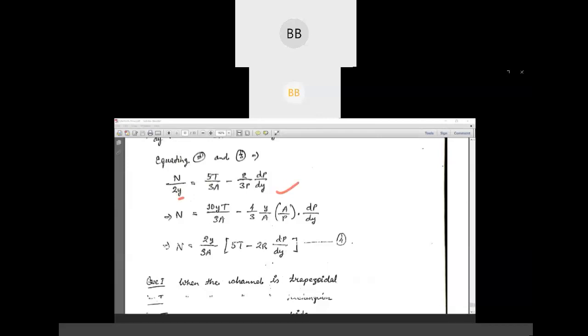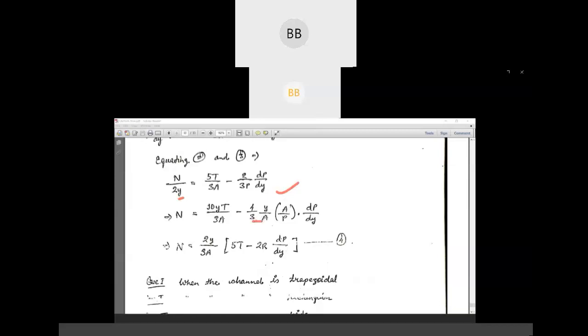Then we multiply it with this 2 and 5 with 10. Here will be y. So then yT divided by 3A, and then again we multiply twice y with this term also. Then it will be 4 and y will be there.